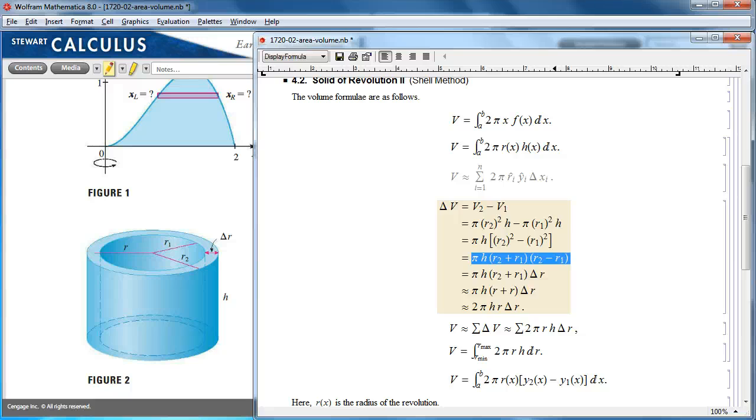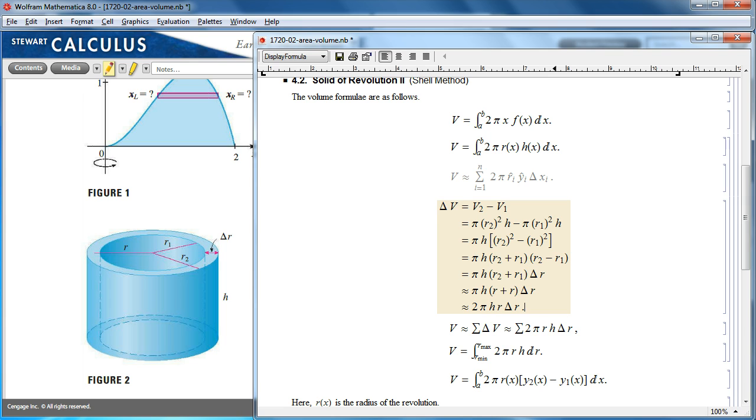Now, pay particular attention here. r2 minus r1 is the difference, so it's delta r. And when delta r is really small, r1 and r2 will become pretty much the same, so we can simply write them all as r, and then we have r plus r. Consequently, we get 2 pi h r delta r, as we see in the last line. That's the individual volume element delta V.